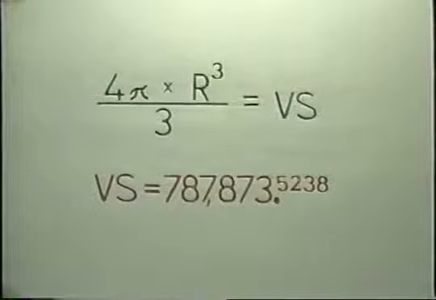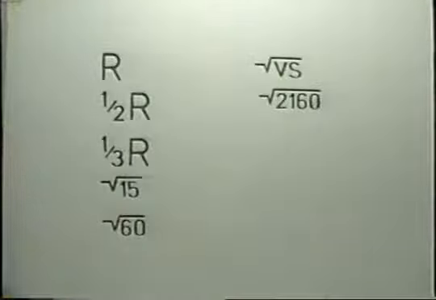They sure used a lot of constants we're not familiar with, didn't they? The radian, 1/2 and 1/3 of it. The square roots of 15, 60, 2160, and the volume of the 360 degree sphere. Is that all of them? I wish it was, but there are more.